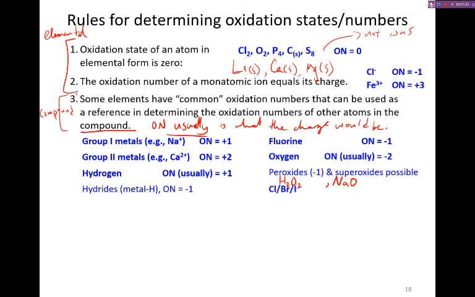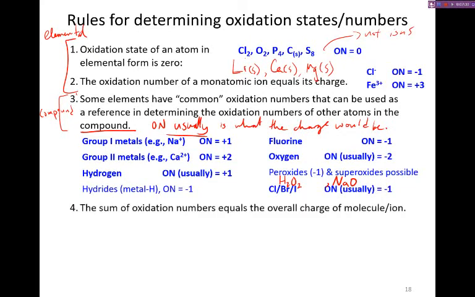The halogens, chlorine, bromine, and iodine, are usually -1. Within these rules, notice that some have no exceptions. In the cases where we're usually, the exceptions will be based on group 1 and group 2, fluorine.